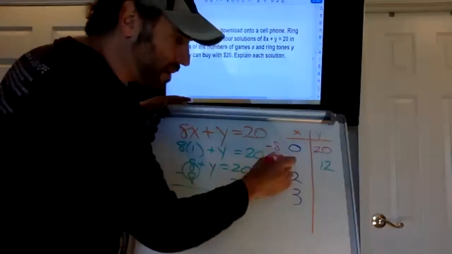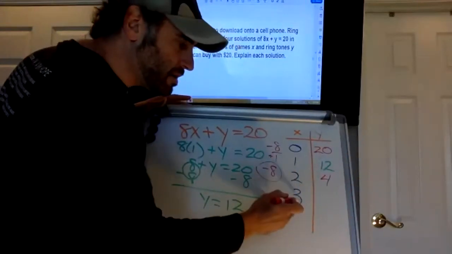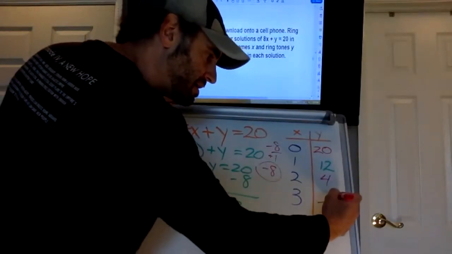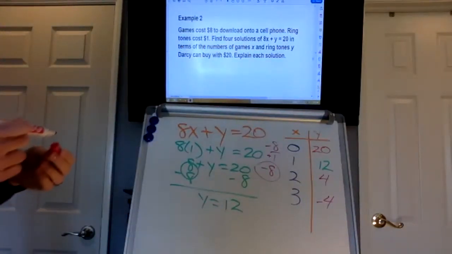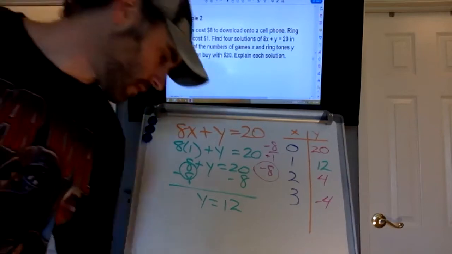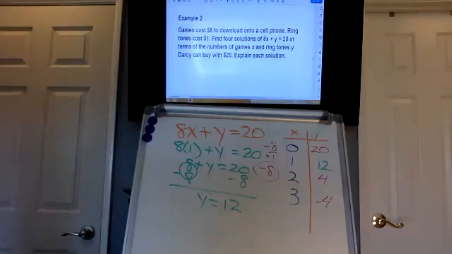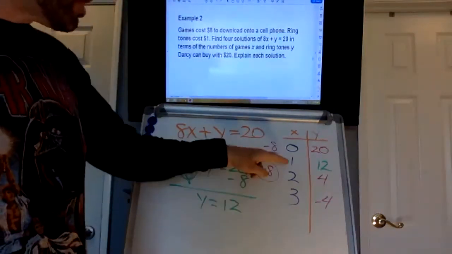So now this went up by 1, so down by 8, and that's going to take me to -4. Questions about this process? I started at 1 and then it went 12, 4, -4, or -12, sorry. So you started at 1.